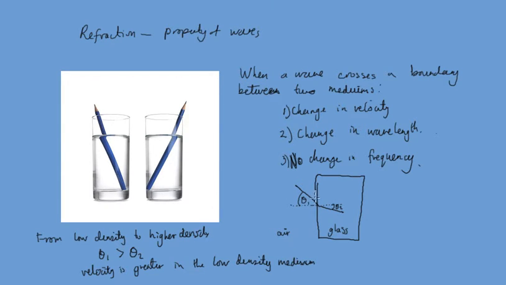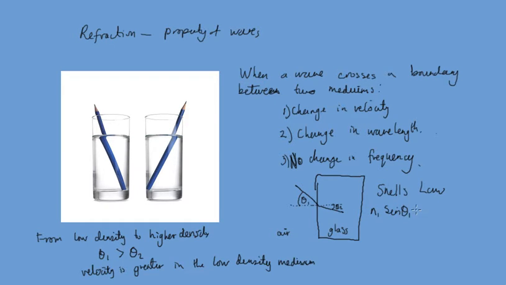Now there's a relationship to determine the angles involved here, and it's called Snell's law. It says N1, which we'll define in a minute, N1 is the refractive index.